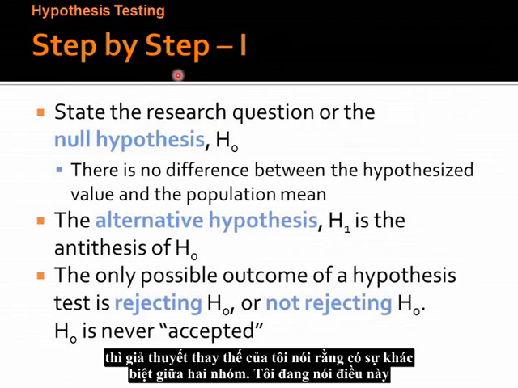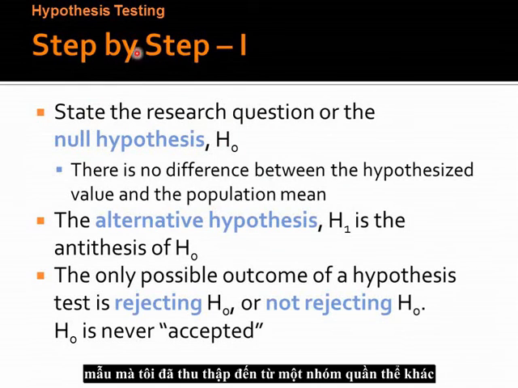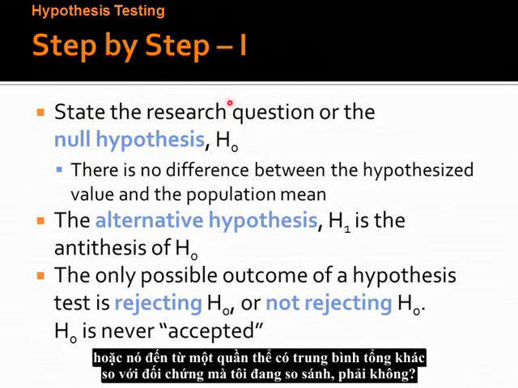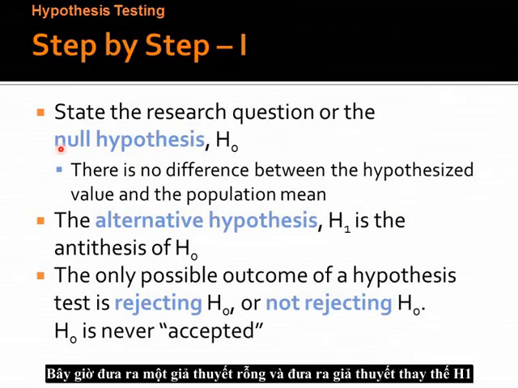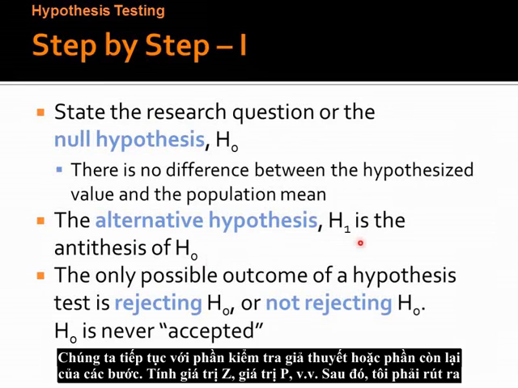I am saying that this sample which I collected came from a different population, or a population with a different population mean compared to the control one which I'm comparing to. Right? Now, given the null hypothesis and the alternative hypothesis, H1, we continue on with the hypothesis test, all the rest of the steps, calculate the Z values, P values, and so on and so forth.